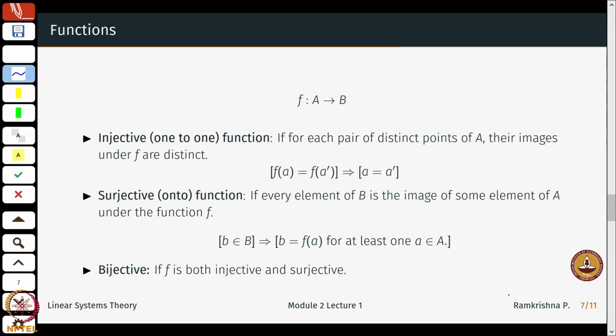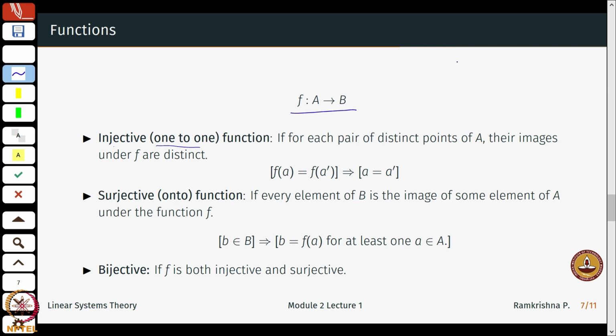Something which will be a little important, and we would have done this a little informally somewhere, but let's learn this in a different way. Let's take a general function f going from A to B. This function is called 1 to 1, or more generally an injective function, if for each pair of distinct points their images under f are distinct.